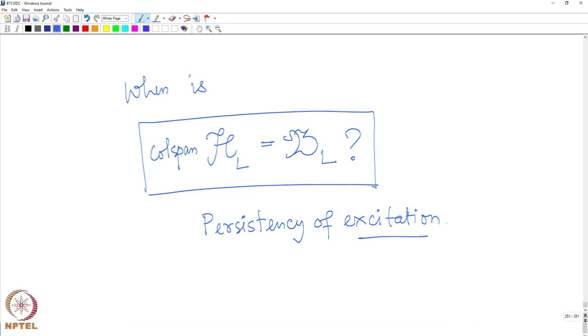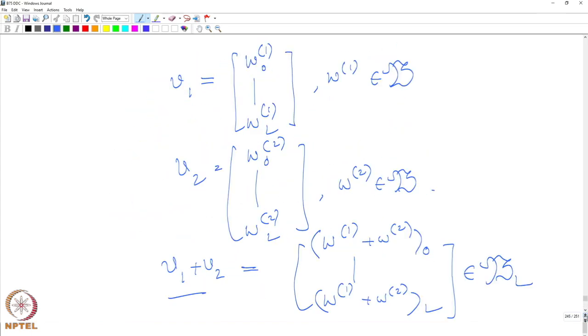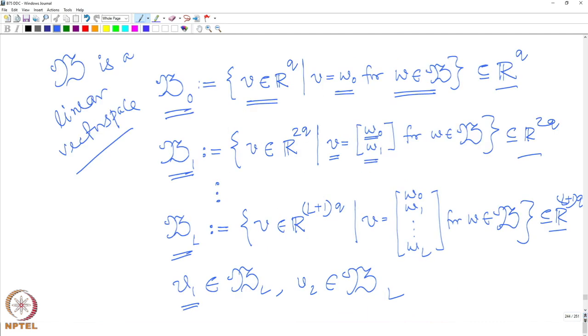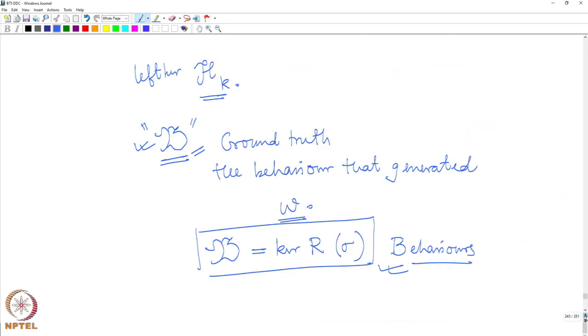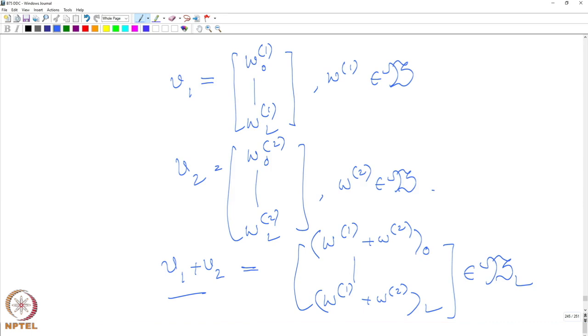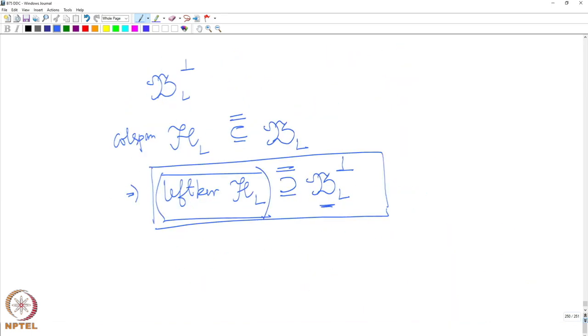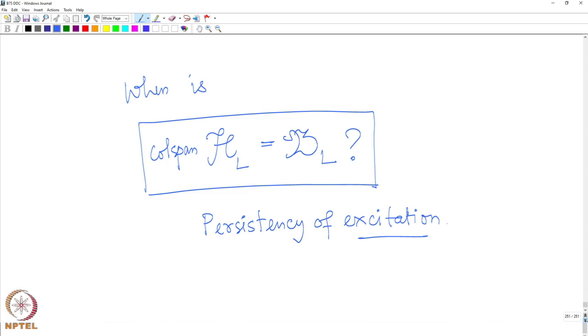If the finite time series trajectory data that I have has been generated through an input which is persistently exciting, then it is guaranteed that the column span of the Hankel matrix you get is in fact equal to the behavior.